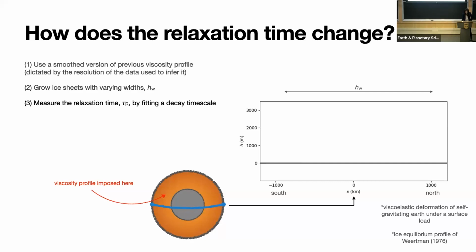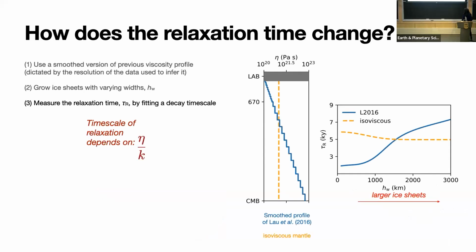Okay, and so by doing that, we fit this timescale. And so remember that the timescale of relaxation depends on eta over k. And so we tested 2 viscosity profiles, one that increases with depth and one that's isoviscous, right?